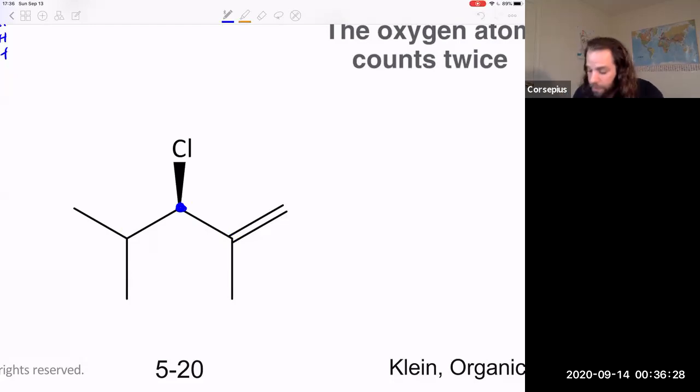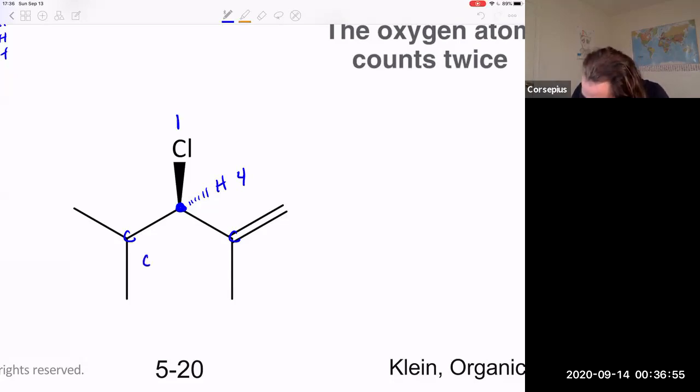Okay, so now we're going to look here. So first of all, it's missing something in the drawing. That would be this hydrogen. Hydrogen's got the lowest number, that'll get priority 4. Chlorine's got the highest atomic number, that will get priority 1. Here I have a carbon, and here I have a carbon. That's a tie, so now I gotta look at what they're bound to.